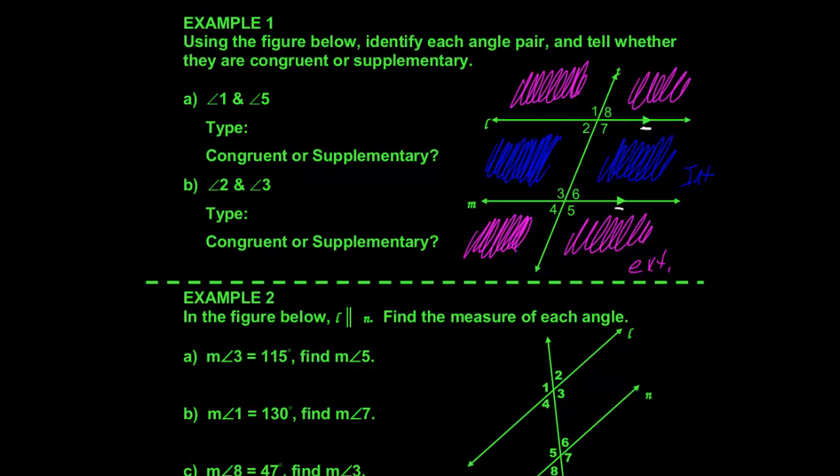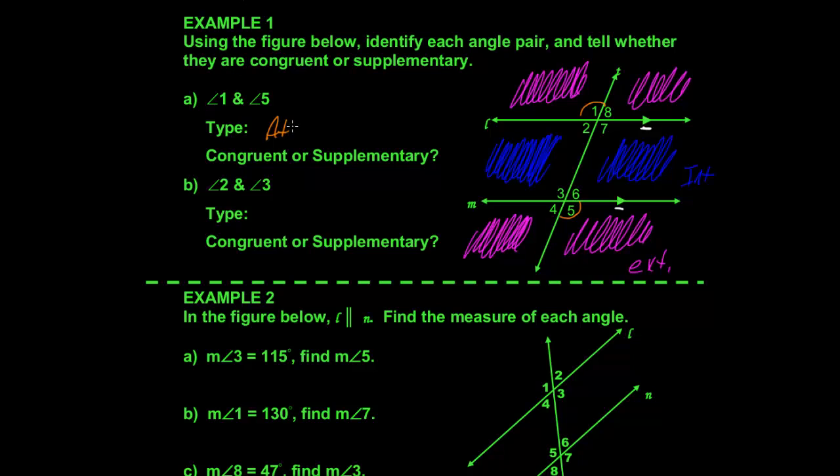1 and 5. So I'm going to come over here. I'm going to say this is my angle 1. And this is my angle 5. 1 and 5, parallel lines. We know by definition that these will be congruent when you're looking at this, because what type are they? They're alternate and they're exterior.